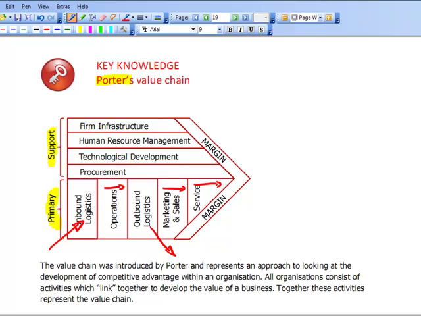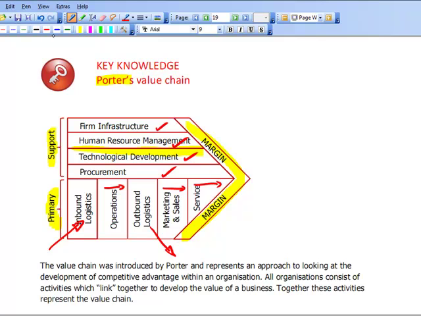Within the support function, we have the overall firm infrastructure, HRM, human resource management, technological development, and procurement. According to Porter, how an organization manages this chain will depend on the margin it makes, the margin between what it pays and what it can charge.